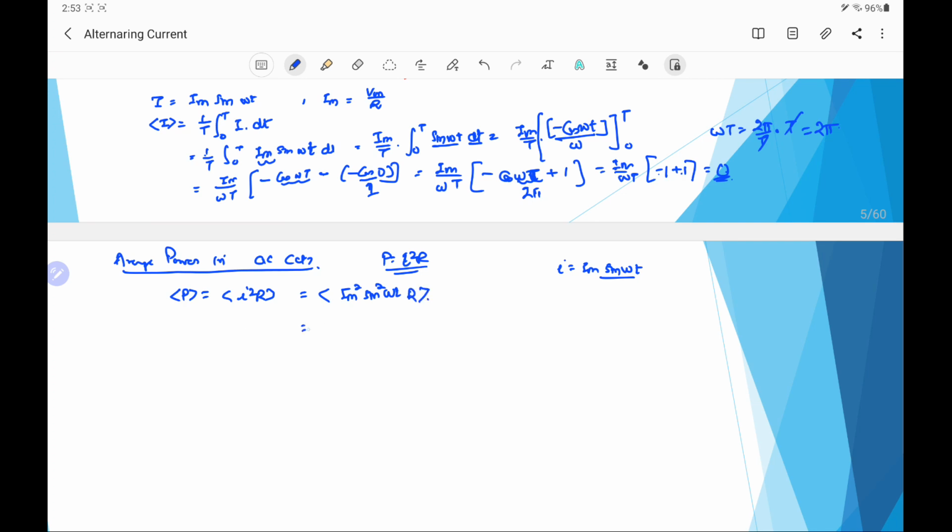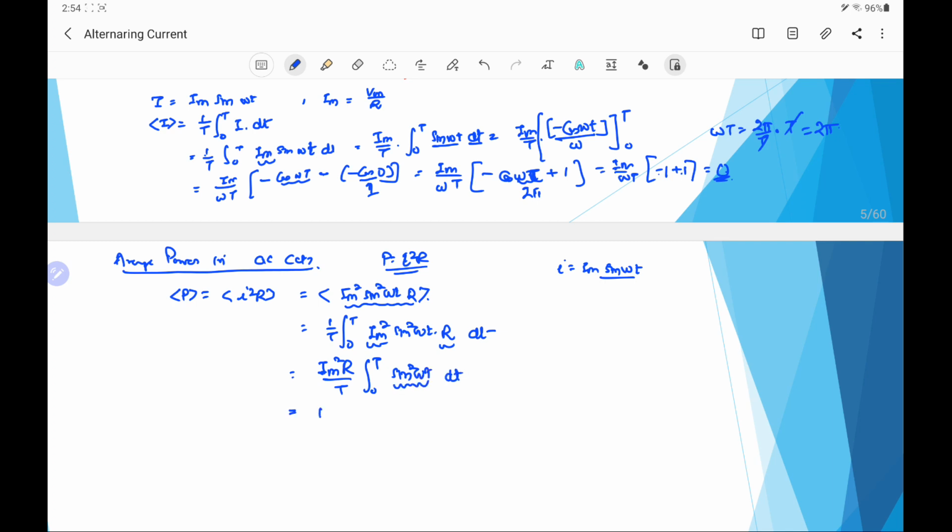Now we apply the formula 1 by T integral 0 to T of this function, so it is Im square sin square omega t into R, then dt. This Im square into R is a constant term, so it can be taken out of the integral, so it is Im square R by T, and the remaining is the integral from 0 to T of sin square omega t dt.